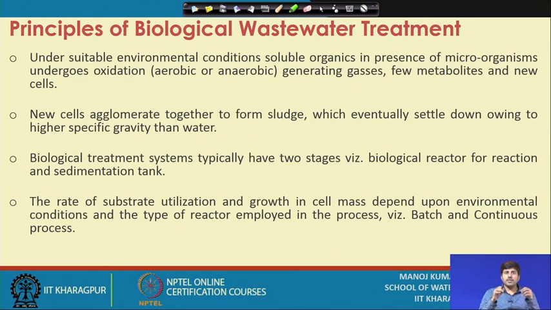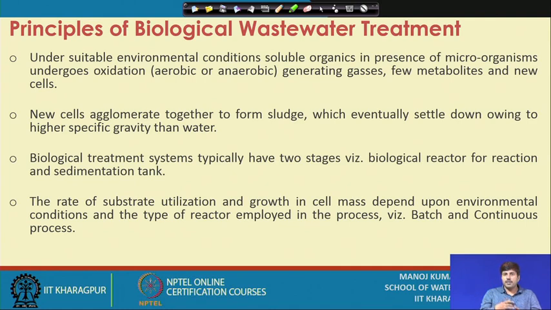The rate of substrate utilization and growth in the cell mass will eventually depend on various environmental conditions, and on what type of reactor is employed in the process, whether it is a batch reactor or a continuous reactor, and the configuration of the reactor. The reactor could be packed with something, or the growth could be in the aqueous phase only, so that there is no medium on which the bacteria can attach, and they grow in suspension, which is typically called the suspended growth system.